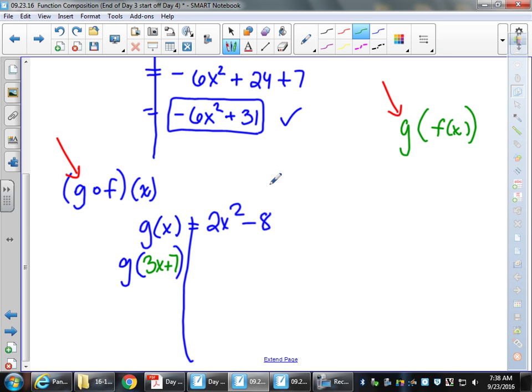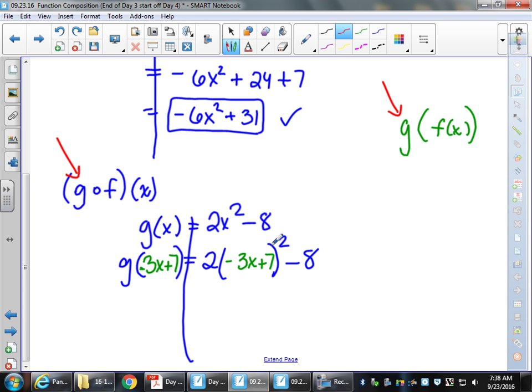Negative 3x plus 7. Good. Let's follow our model. So this is going to become 2 times negative 3x plus 7 inside minus 8. Is this right? What did I forget to write? The square. That'll change everything. Every detail matters.